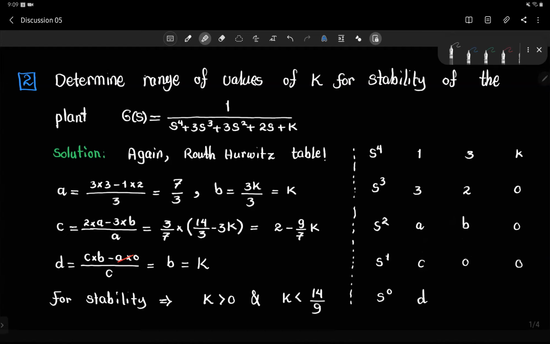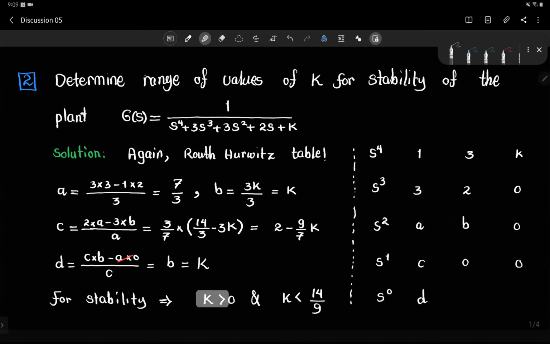So for stability, we require that no sign changes happen in the first column, which means, because this is positive, we computed a to be 7 over 3, which is positive. So now we need that c be positive and d be positive, right?